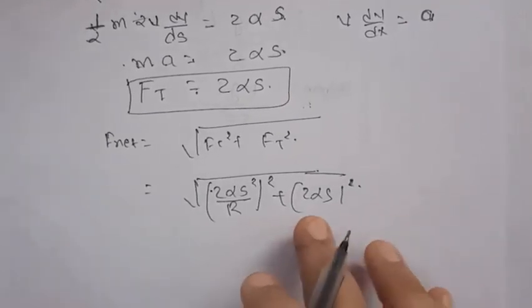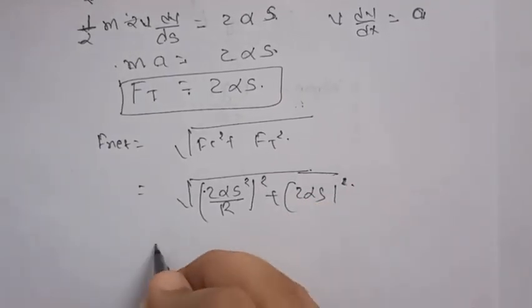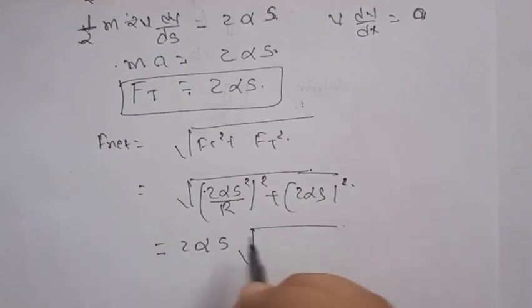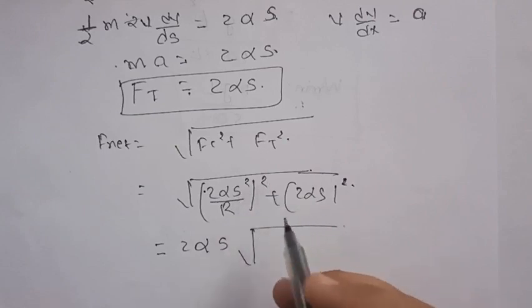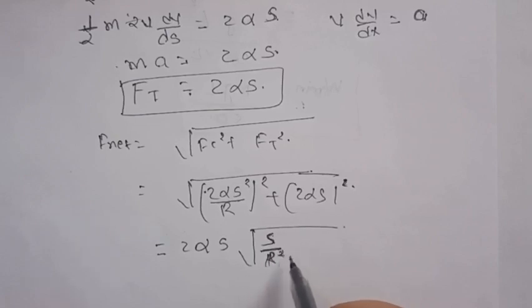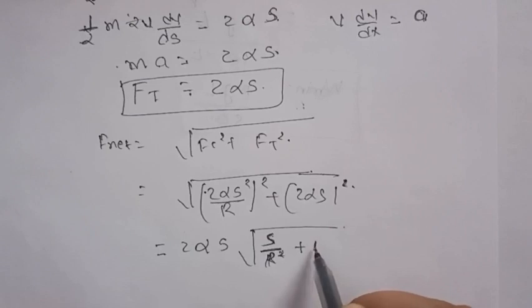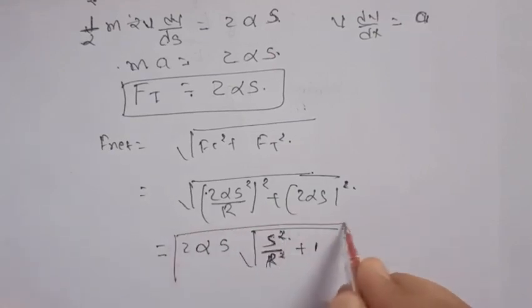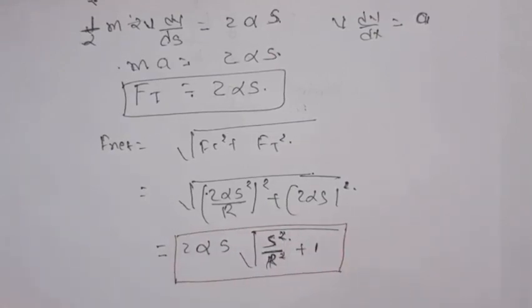We can take 2 alpha s common, so this will be 2 alpha s into under root of s divided by r square plus 1. So this is our final answer for net force acting on a particle in non-uniform circular motion.